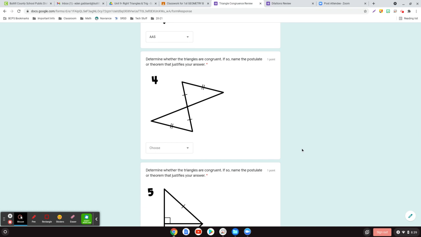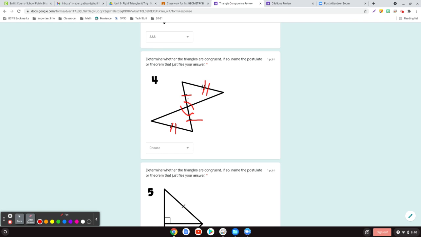Number 4. Well, let's see what we already know. We have these 2 sides that are congruent. We have these 2 sides that are congruent. And we have another set of vertical angles here, and we know that they're congruent. So we have another case of having 2 sides and a not included angle. So what do we use here?